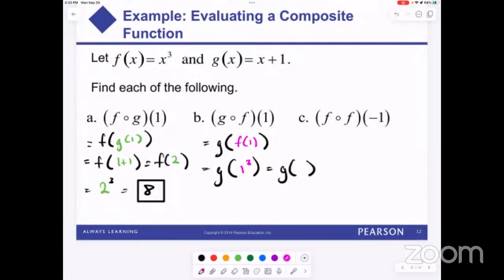All we did is evaluate f of 1, and we got a result of 1. Now we're taking that result and passing it through the function g. So that's going to be 1 plus 1, which is ultimately 2.